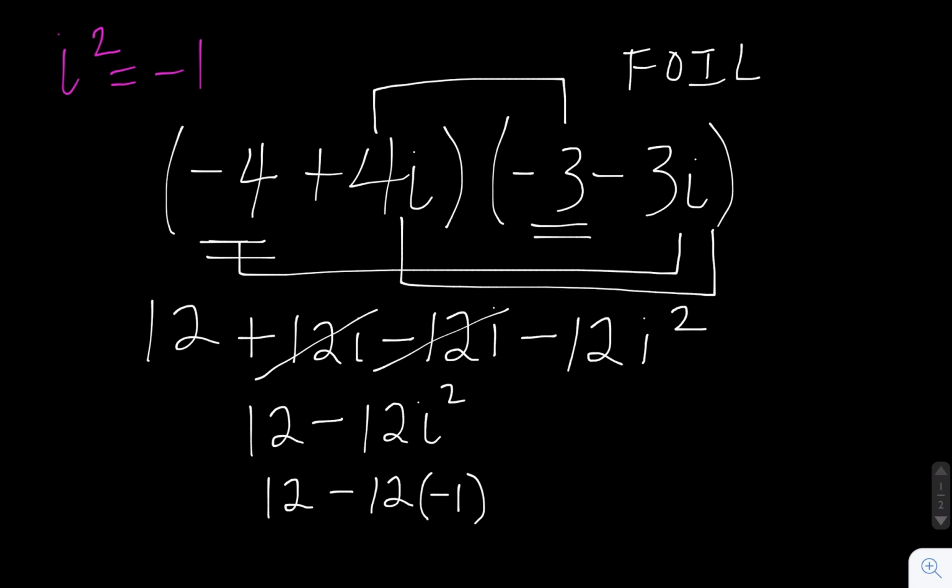So 12 minus 12 times -1, that would just be 12 plus 12, right? Because a -12 times a -1 gives us a +12. And what is 12 plus 12? 24. And that is our final answer.